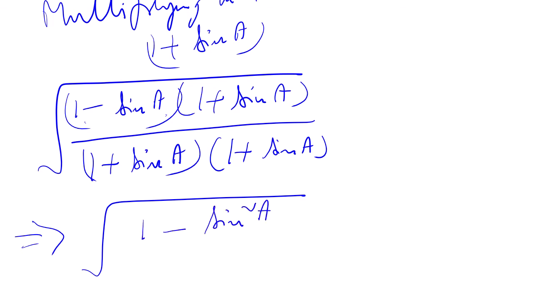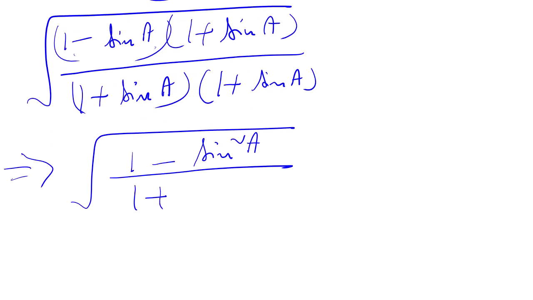So 1 minus sin square A upon 1 plus sin A whole square.